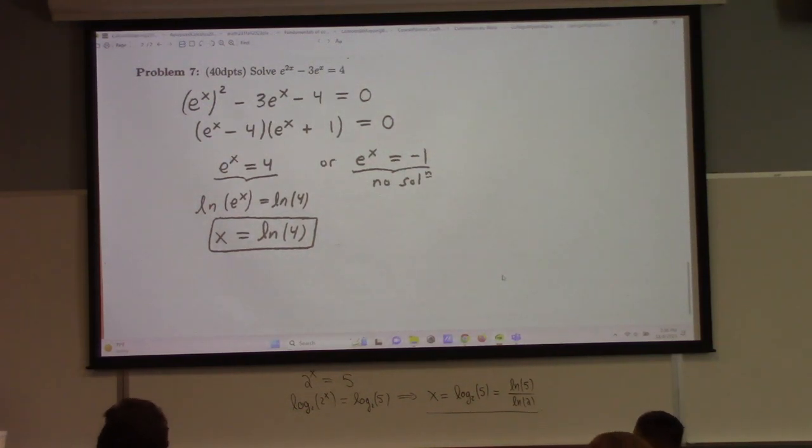So let's see if I can recreate the magic here. Equal to 4, right? So I believe what you did was you took the natural log, right? And so you're like 2x ln e minus 3x ln e, right? Equals, oh no, ln 4, right? And then, well, this is 1, and that's 1.